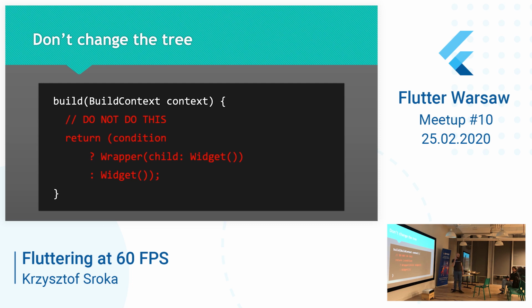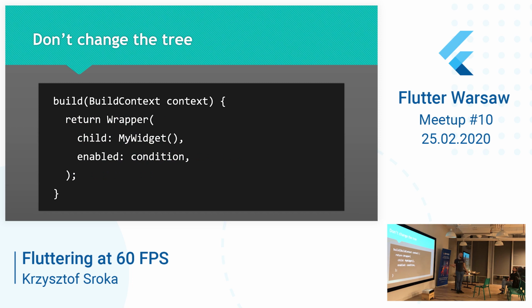So most of the widgets, I think all of the widgets that have this kind of on-off functionality in the Flutter SDK, actually provide a way to specify a Boolean parameter, like enabled, or visible sometimes, or something else. This way we can limit the changes to the tree to somewhere really low that is close to the render object of it. If something's invisible, it eventually needs to rebuild because it needs to disappear or appear, but try not to change the structure anywhere high in the tree.